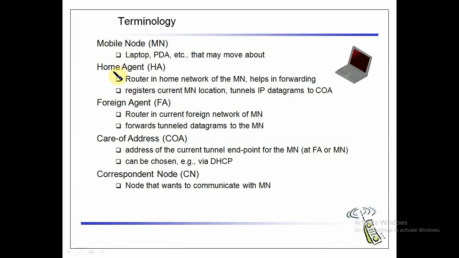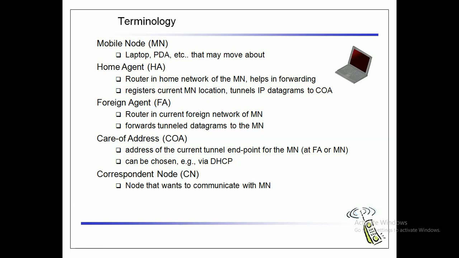Next one is the home agent. The home agent provides several services for the mobile node, and it is located in the home network. The tunnel for packet forwarding to the mobile node starts at the home agent.